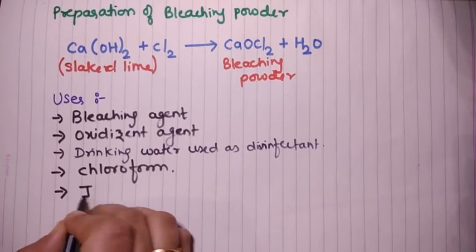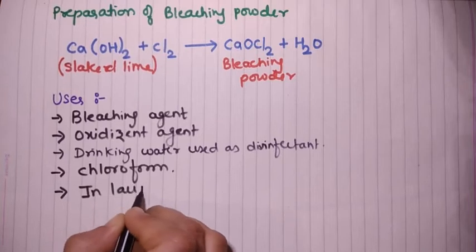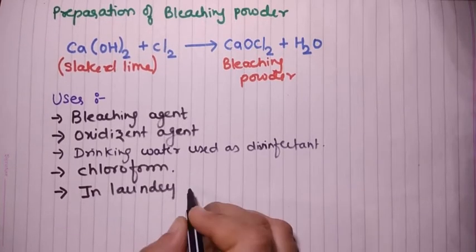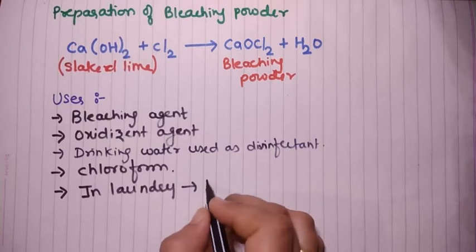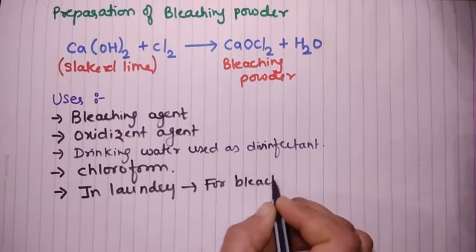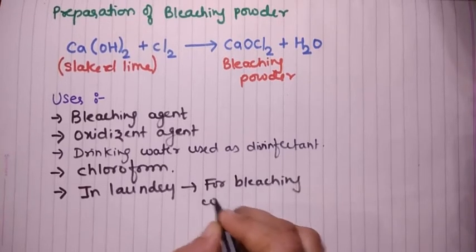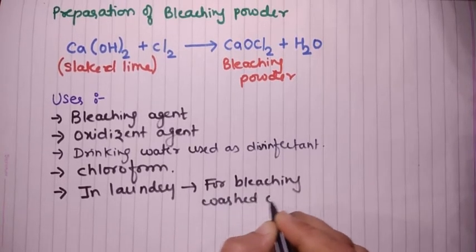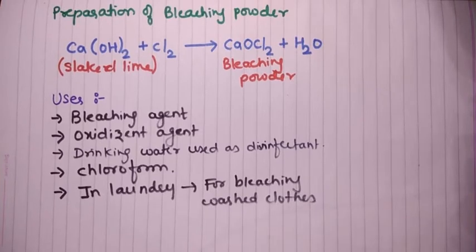So in laundries it has a major application for bleaching washed clothes. So these are some of the main uses of bleaching powder.